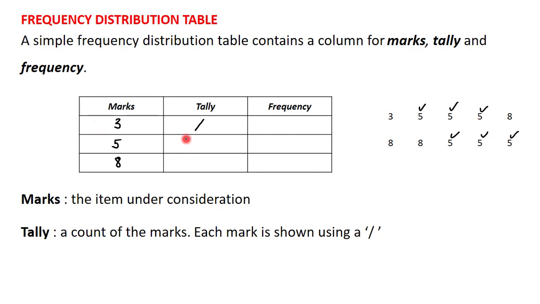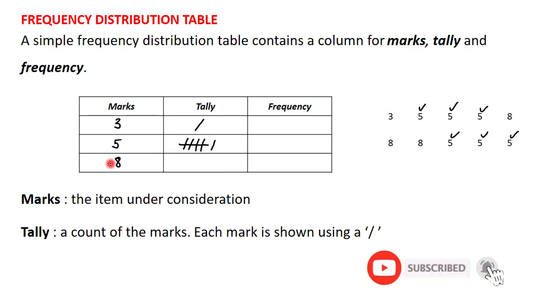So we have 1, 2, 3, 4. Now, when you are doing the tally, when you get to the 5th stroke, you use it to cross the 4 that you have already done. So the 5th stroke will be used to cross the 4 to show that we have 5 strokes here. Then the next one will be a single stroke again. So this shows that we have a tally of 6.